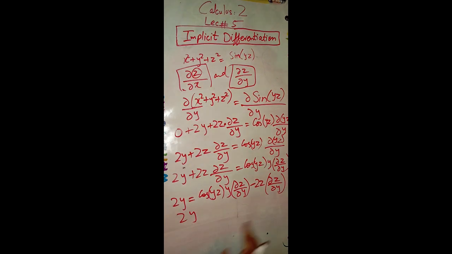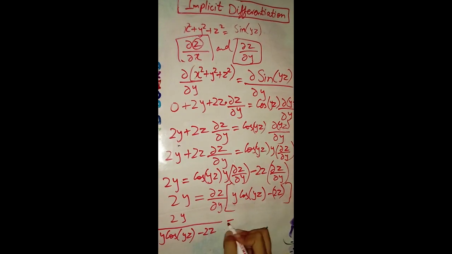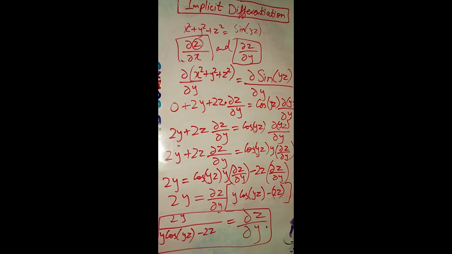So 2y is equal to, taking partial of z by partial of y as common, y cos yz minus 2z. So 2y divided by this expression, y cos yz minus 2z, equals partial of z by partial of y, and this will be our final answer.